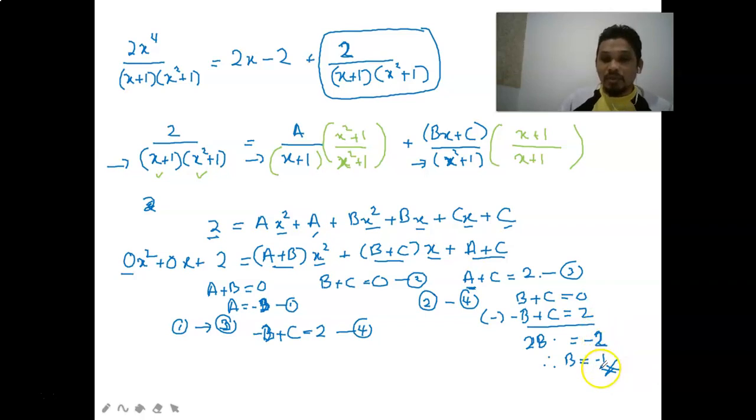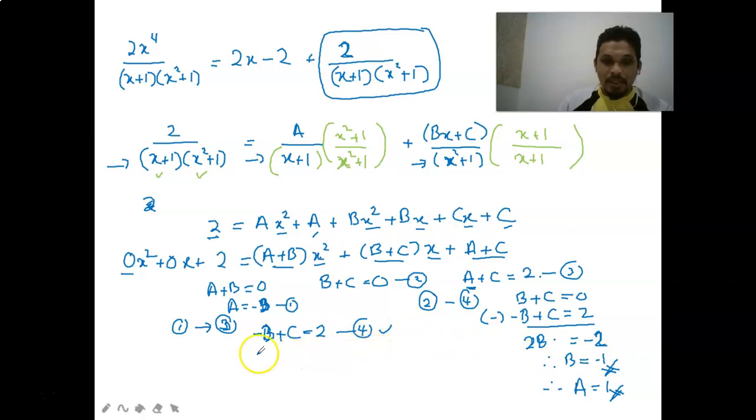So when b equal to negative 1, now let's take a look at this one here. A equal to negative b, and b is negative 1. So then a equal to 1. And b negative 1, we compare this with equation 4.